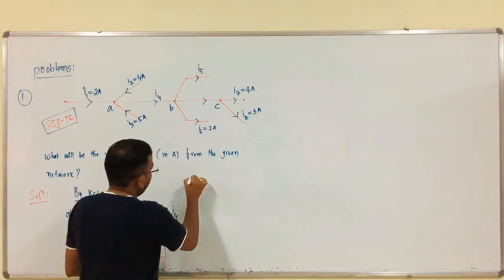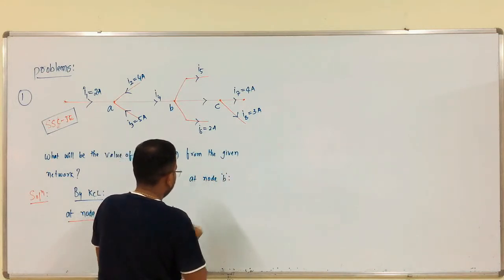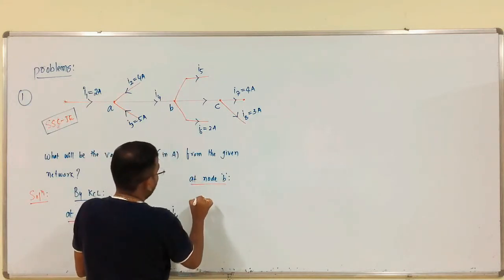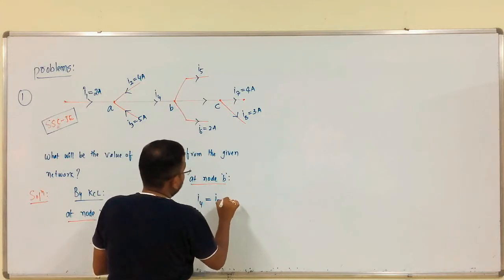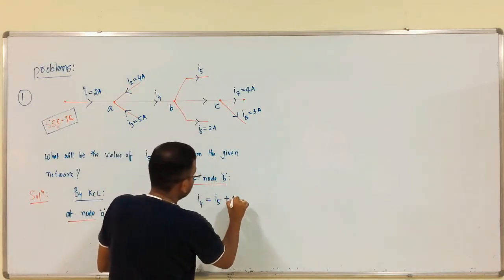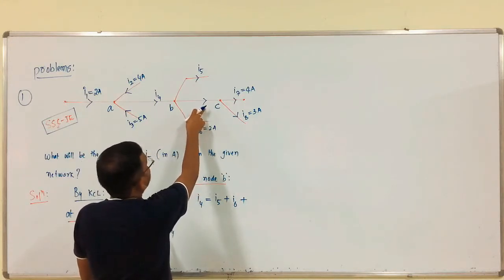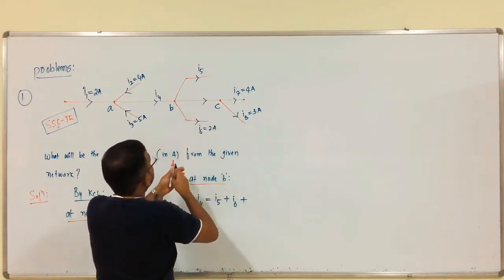Next, at node B, I4 is entering, I5 is leaving, I6 is also leaving, and this other branch is also leaving, but we do not know its current. For example, let this be Ix.